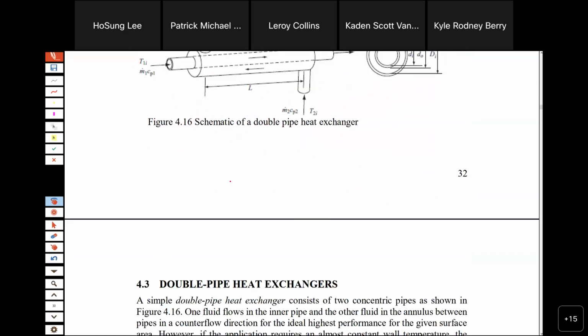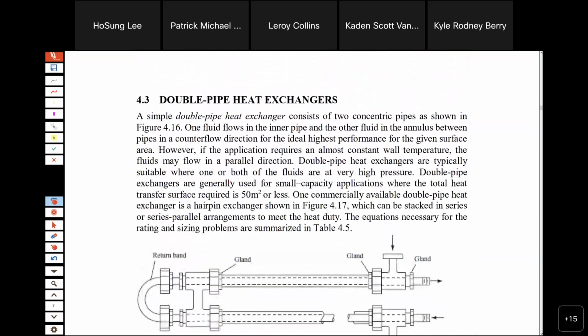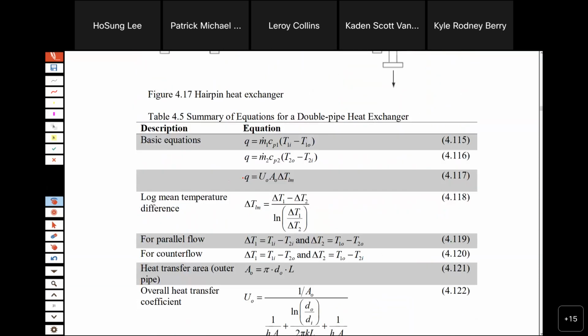I think double pipe, double pipe we already discussed. It is nothing, we just have double pipe, hot and cold, and overall. Look at that, there's no F. What is the F value for double pipe? It is 1.